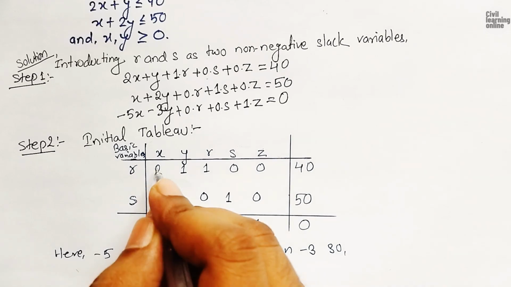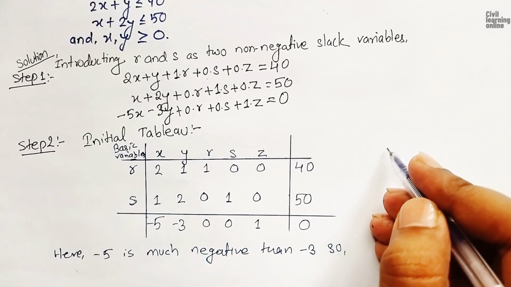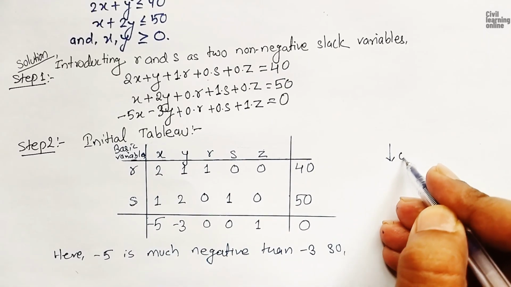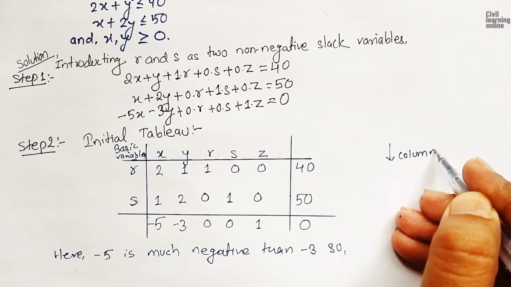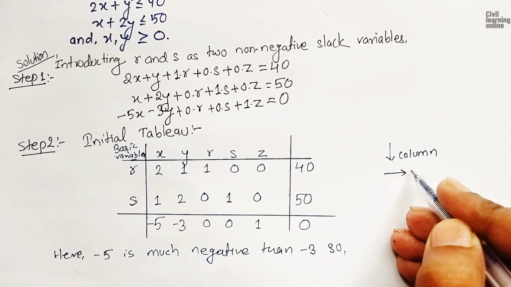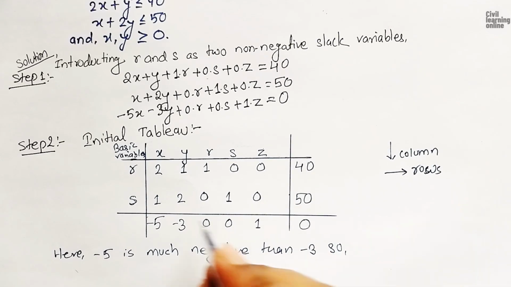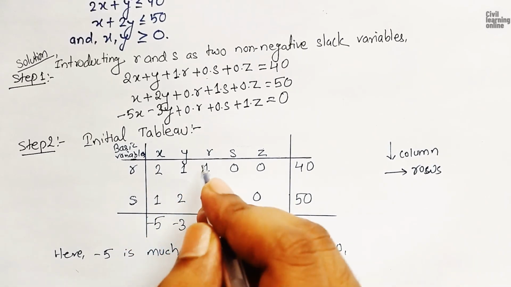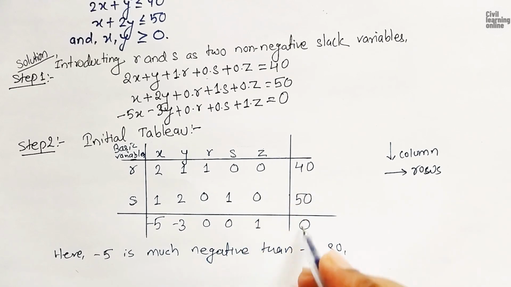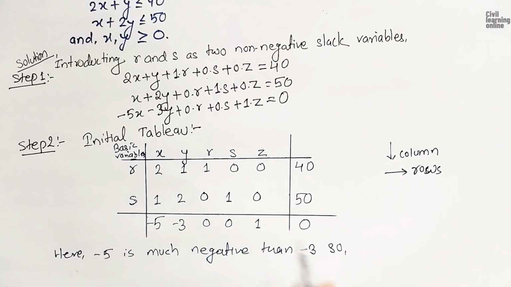So this is our first column. See here, downward we have columns and horizontally we have rows. This is our first column, second, third, fourth, fifth, sixth, and first row, second row, third row.